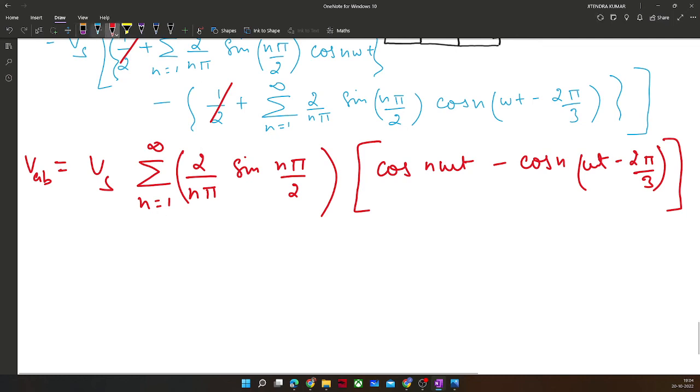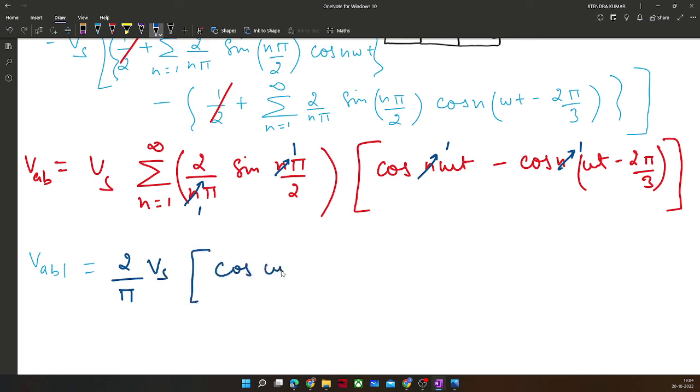Now, let us say we need to compute VAB1, the fundamental component of VAB. Again, we will put n equal to 1 everywhere. So 2 by pi Vs, cos omega t minus cos of omega t minus 2 pi by 3.